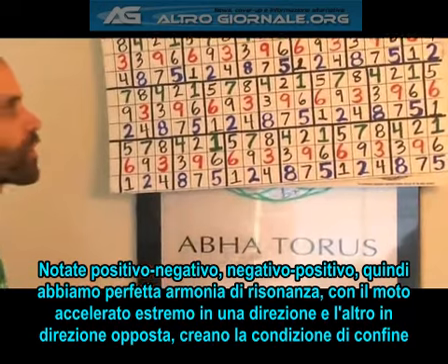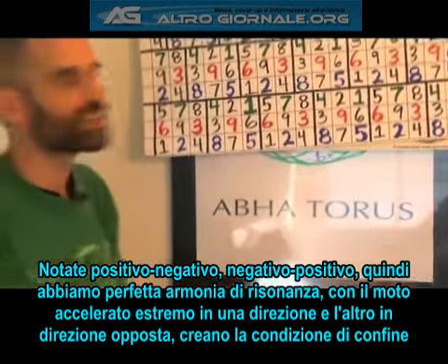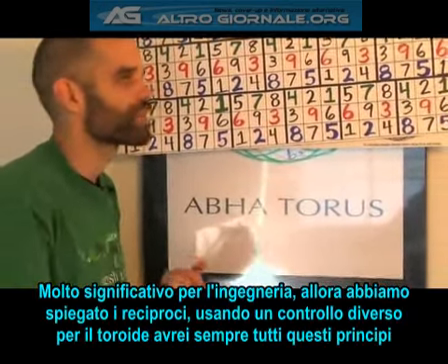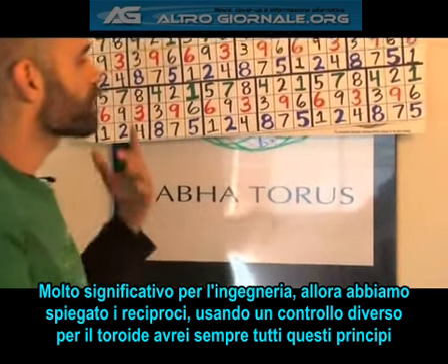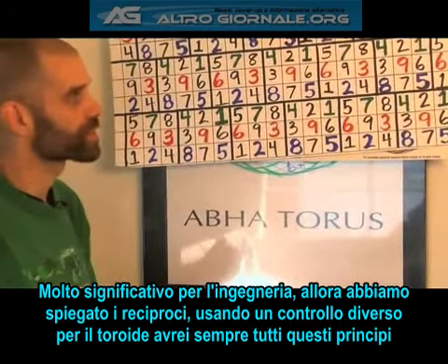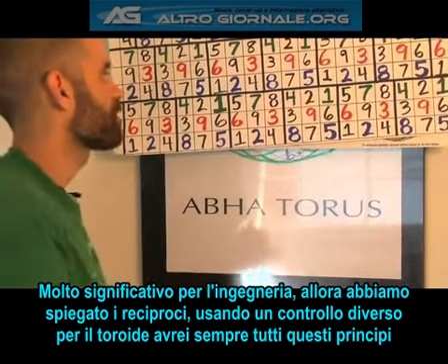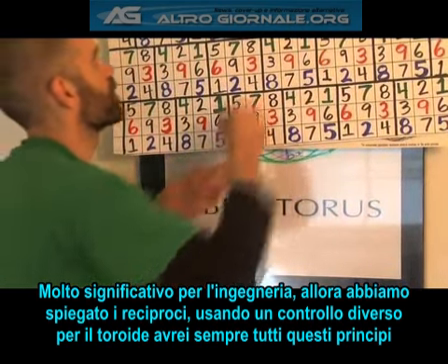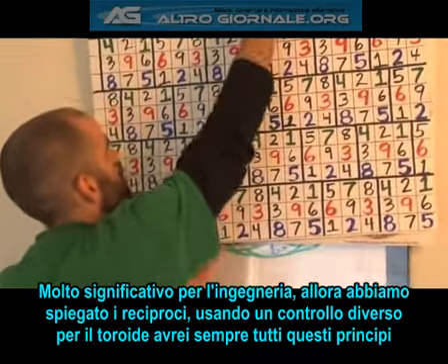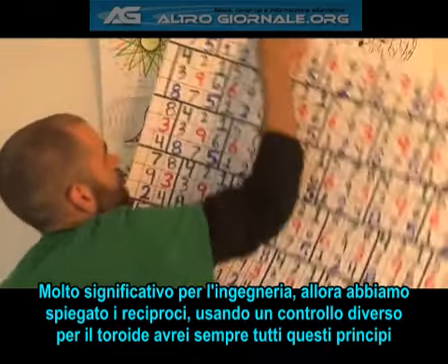They create a world boundary condition. This is highly significant for engineering. So now I've also accounted for my reciprocals. Okay, if I was using a different control for my toroid, I would still have all of these principles. But that is, again, a little more advanced.